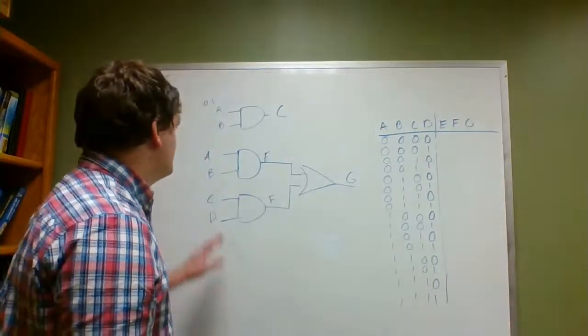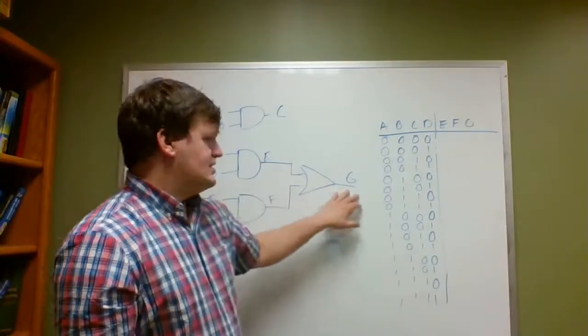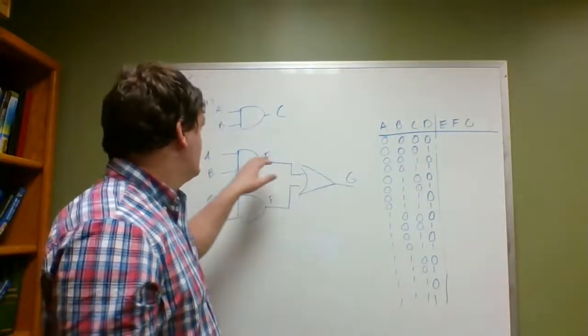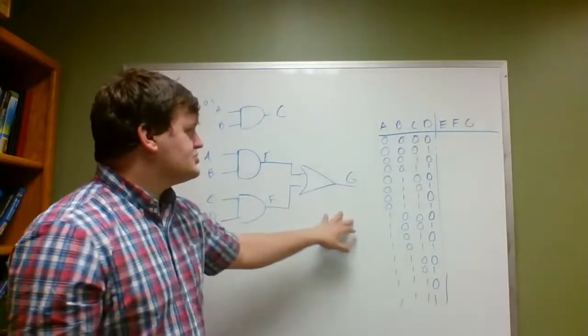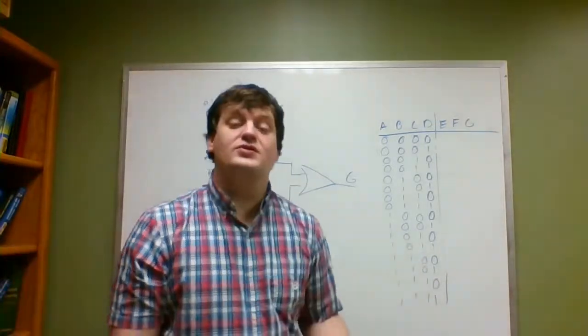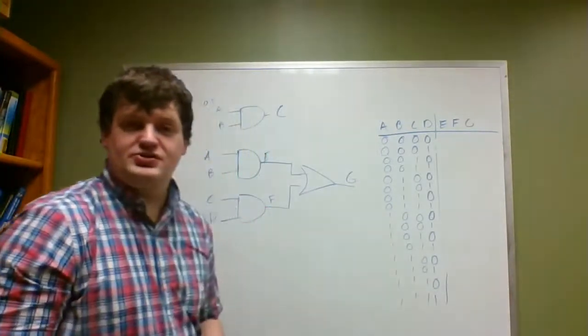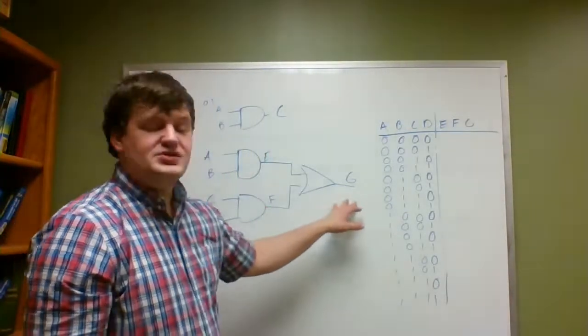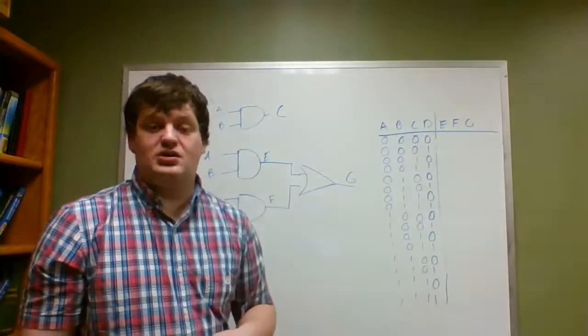What we know about this is that G is on if either E or F is on. So for us to try to figure out G, which is probably the ultimate output of this system, I don't know if it shows up very well. For us to figure out what G is, we need to know what E and F are.